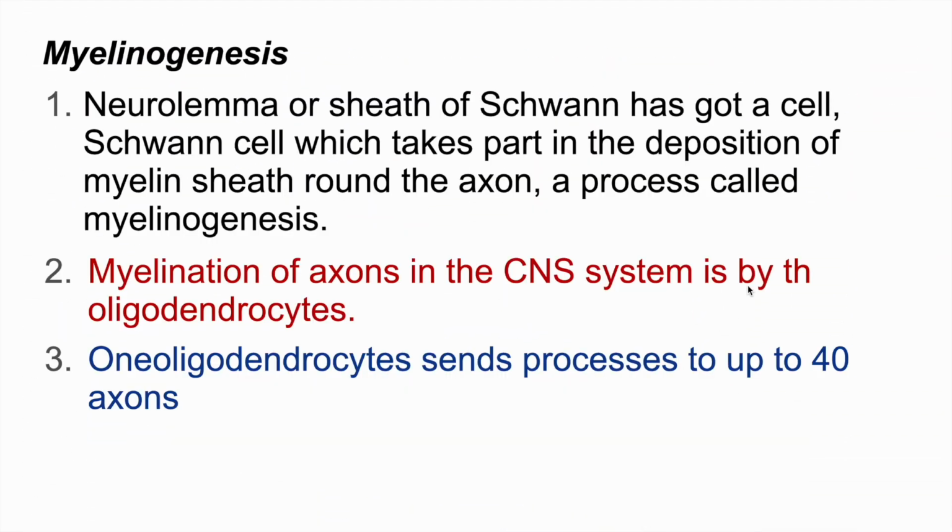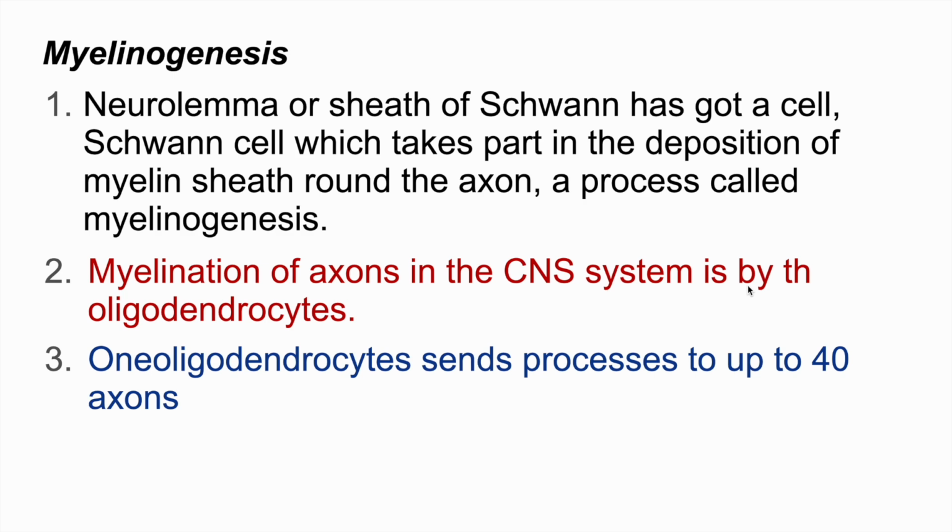So the process of the development or production of the sheath around the nerve fiber, myelin sheath deposition around the axon, is called myelinogenesis. In the CNS, it is done by the oligodendrocytes.